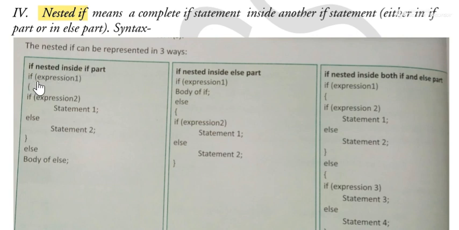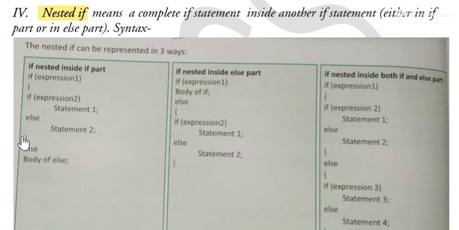Here is the first if statement with its curly bracket, and inside the curly bracket of the first if statement there is a second if statement. Here we can say that this if statement is nested inside the first if statement. If expression 2, then statement, else statement 2, after that close the curly bracket.